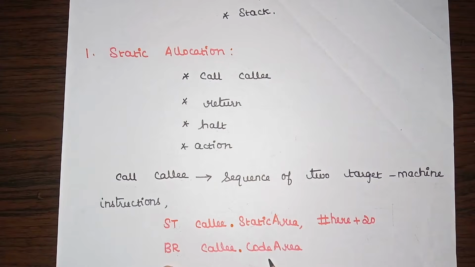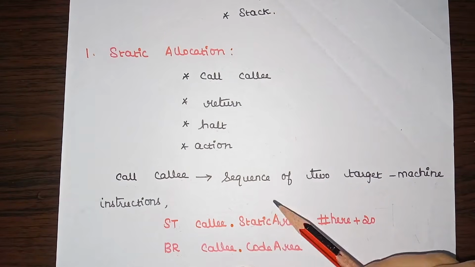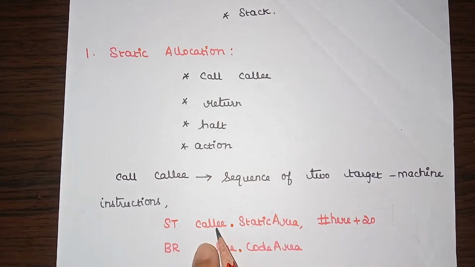Whenever a procedure is called, the control moves to the target code, and these two instructions act in that way. If you see here, callee.staticArea is an attribute and this is actually a constant, and it gives the address of the beginning of the activation record for callee.